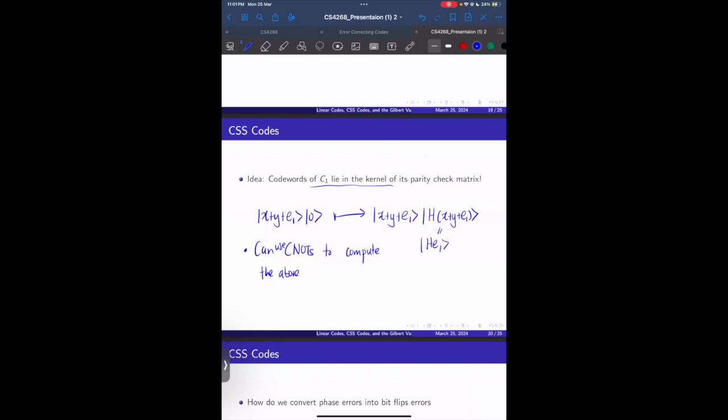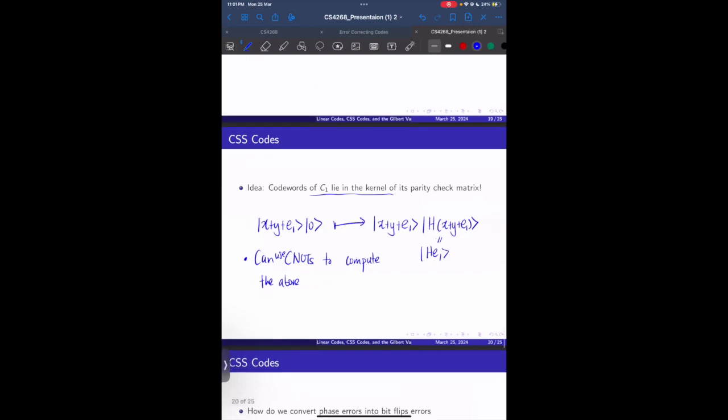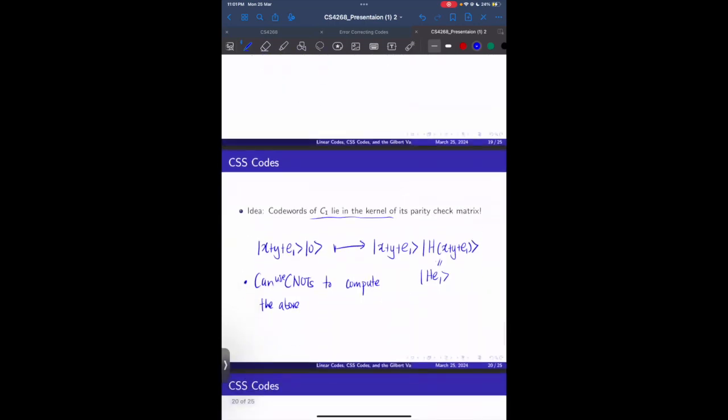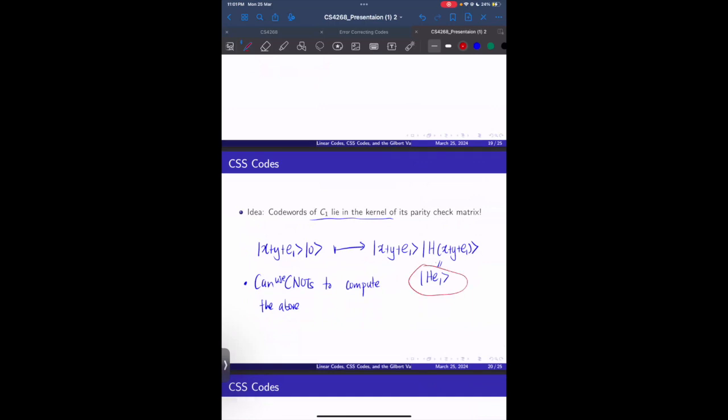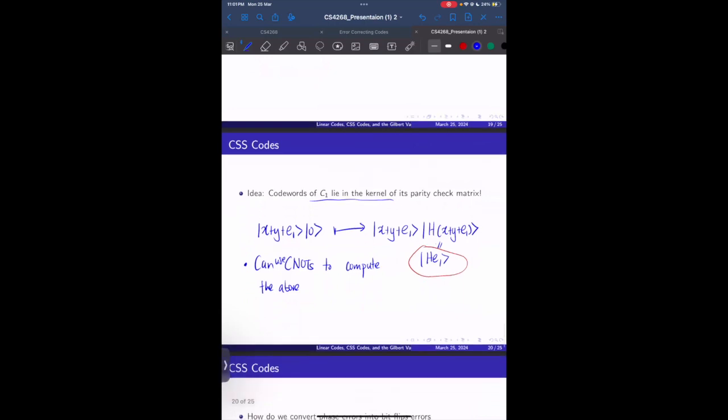So after this, we will have the same state as above, but the advantage is now that we know the error syndrome, so we can calculate exactly what bit flips we have to do to recover the original state.